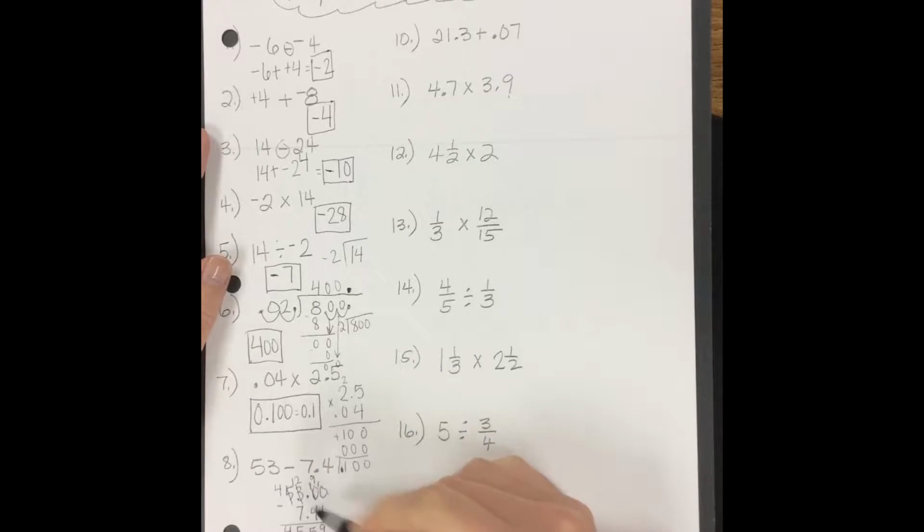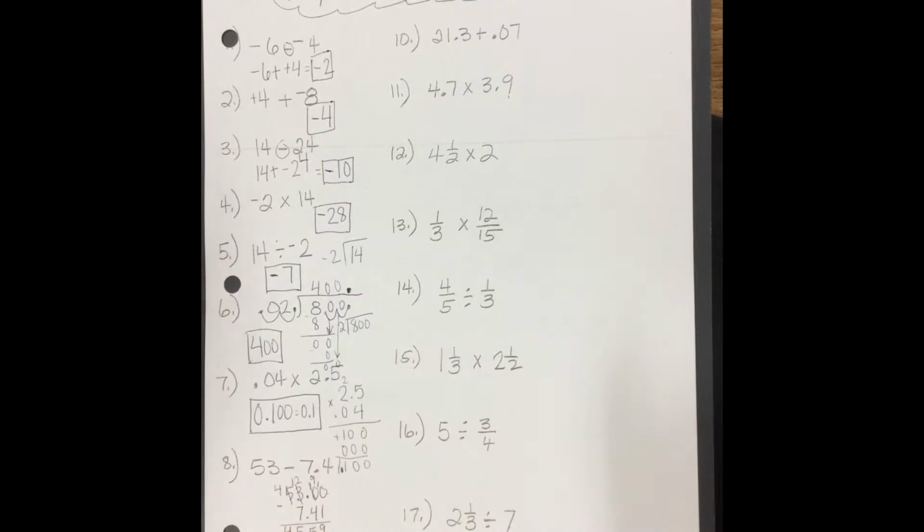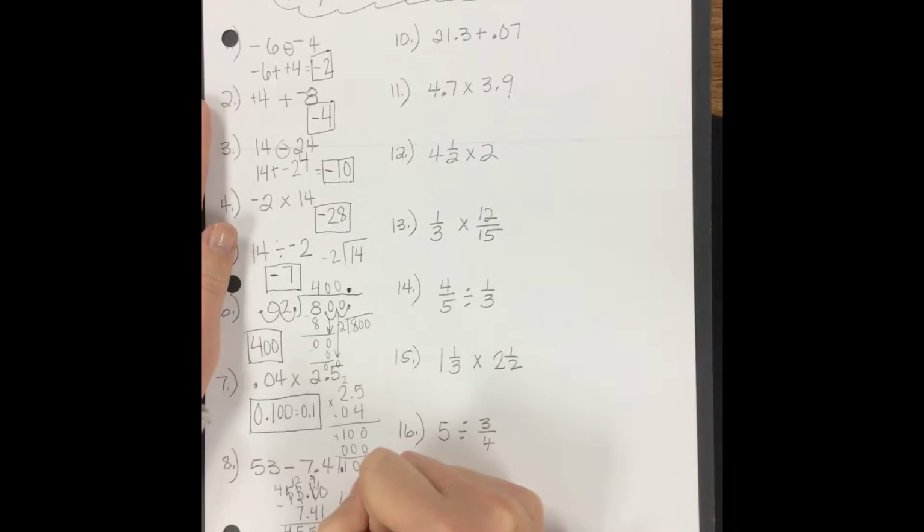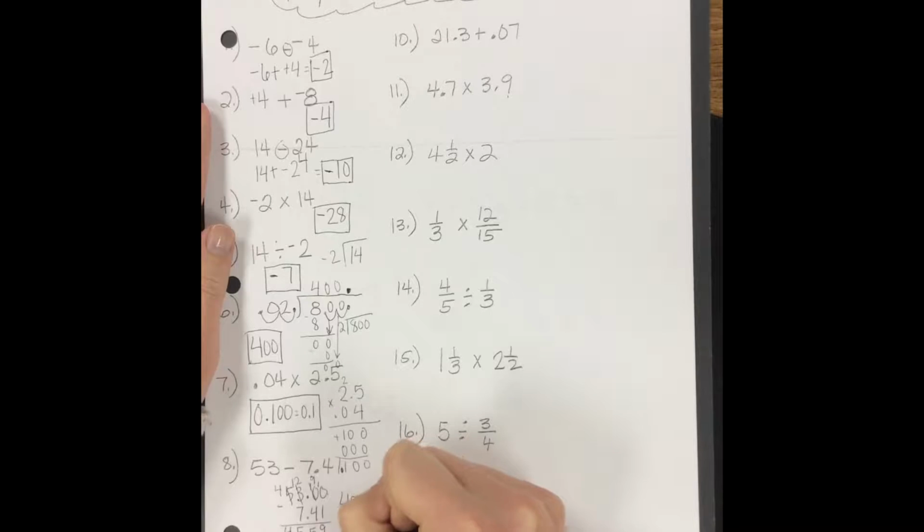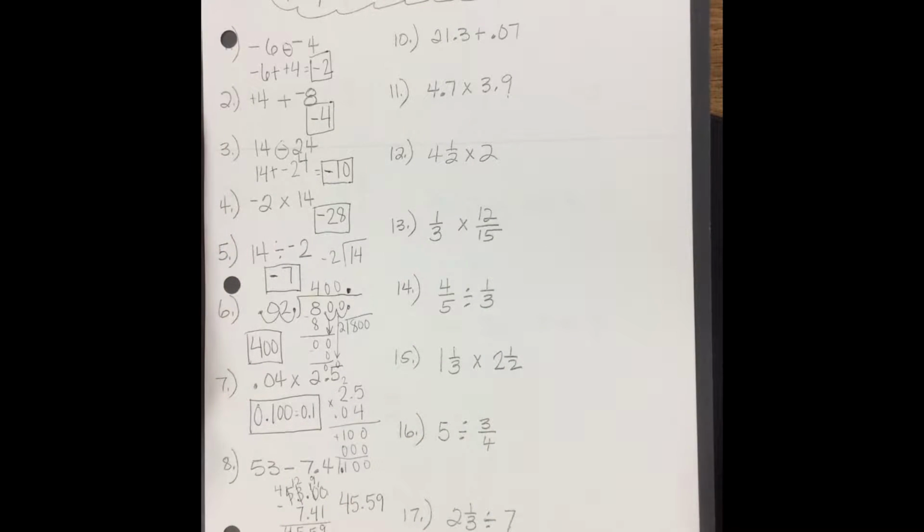Now that we've lined up my decimals, go ahead and just bring that decimal point all the way down. So I get 45.59.